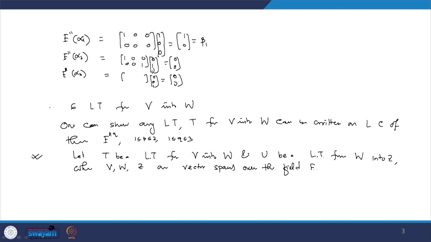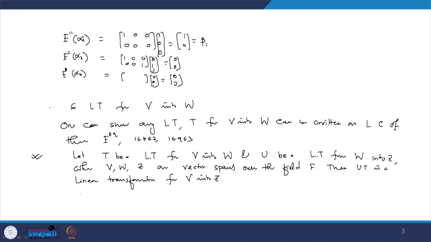Whether UT will be a linear transformation or not. You can immediately check UT is also a linear transformation from V into Z.